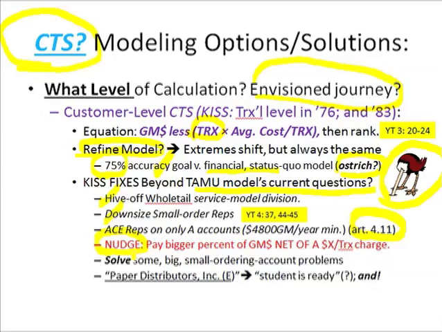Short term, you could just say, we're going to continue to pay you the same way, but maybe we'll pay you a higher percent of a smaller number that's been reduced by a flat charge to every transaction. So if you can figure out how to get one customer to consolidate two small orders into one bigger order, you'll save yourself a flat charge and you'll get a percent of that savings, because that's the way your commission plan works. So that would be a very powerful nudge modification.